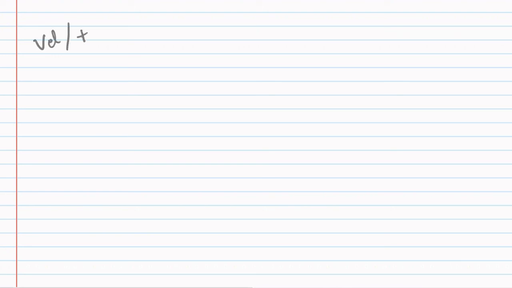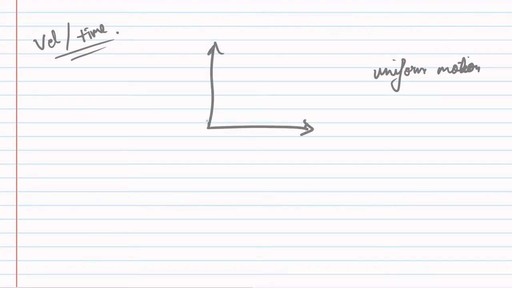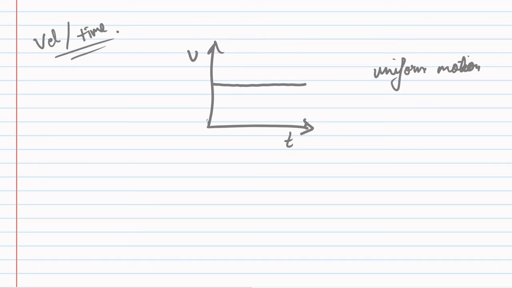velocity time graph. The first case is again uniform motion, just like we saw in the above graph, where the velocity is actually constant. So when you draw a velocity time graph, again t on the x-axis and v on the y-axis, you'll get a straight line here, unlike the line through the origin in the top one.